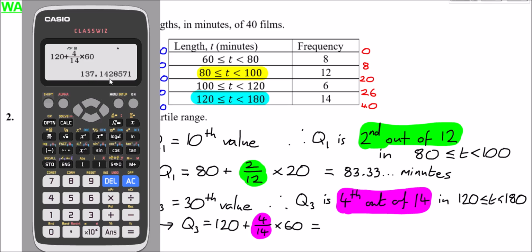That's more significant figures than we need. We'll round to 3 significant figures at the end. Never round too soon. Only round at the end. I'm rounding to much more accuracy than what I intend to round to, so no rounding error will creep in. So 137.143.